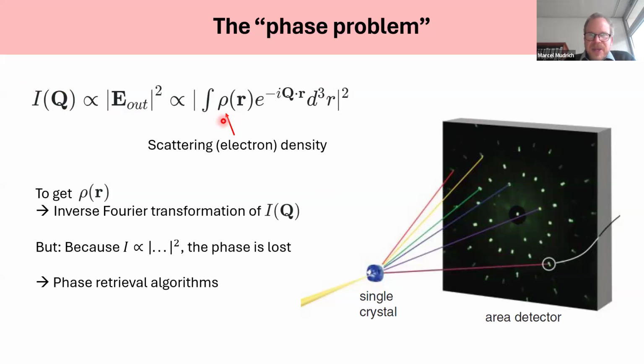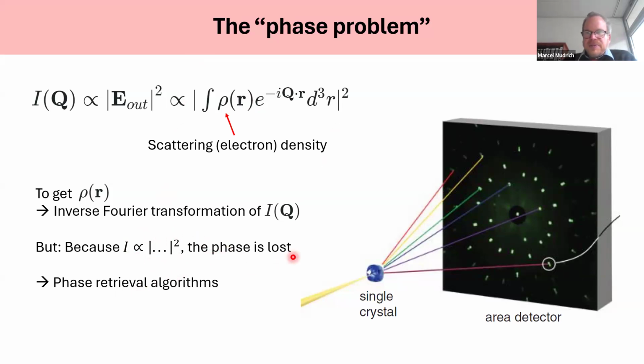Complex numbers have an amplitude and a phase. But once we take the absolute value square, we lose the phase information. So we cannot, unfortunately, directly back transform by just carrying out another Fourier transformation, because we are missing the phase information.